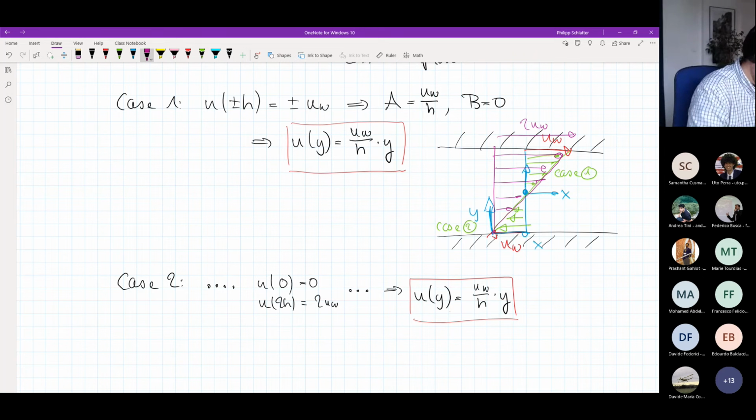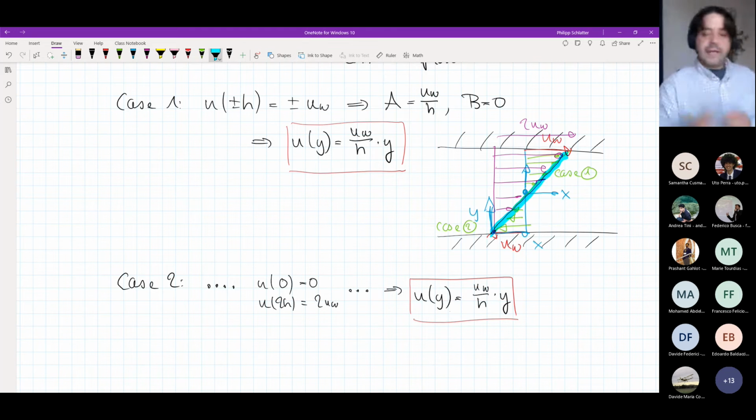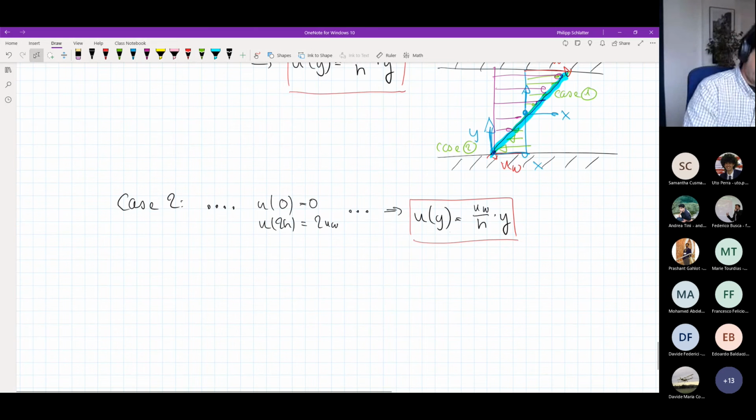But the main result, namely that the velocity profile is linear, that is of course the same in both cases, and that is one of the main features that you should remember in Couette flow. So this simplest shear-driven flow, the velocity profile is linear. The laminar velocity profile is linear. That's also something I would like to write down.